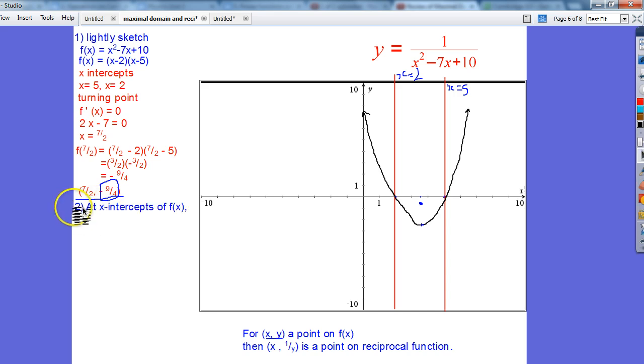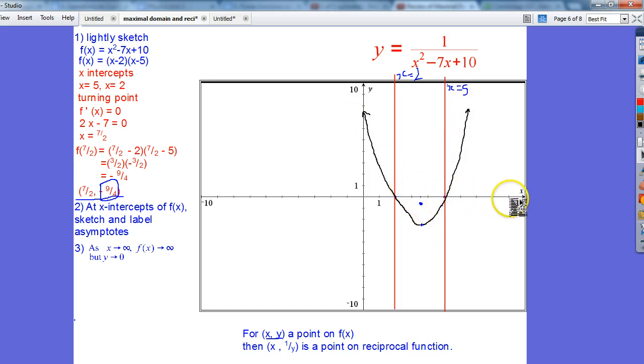Now, another point to think about is at the x-intercepts, I have my asymptotes, which I've got there. Now, next point, as x goes to infinity, the f of x also goes to infinity, and we can see that on the parabola.